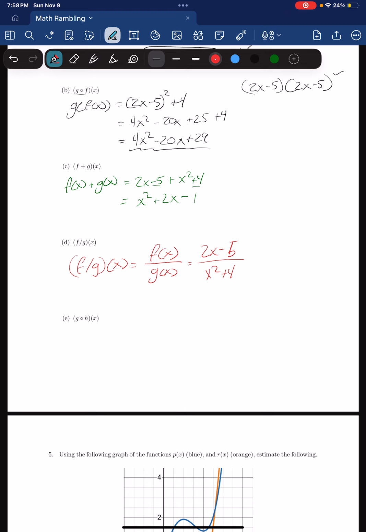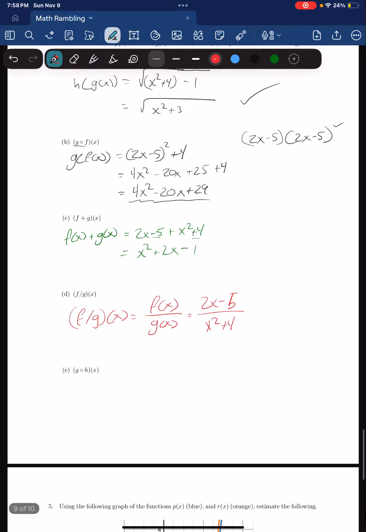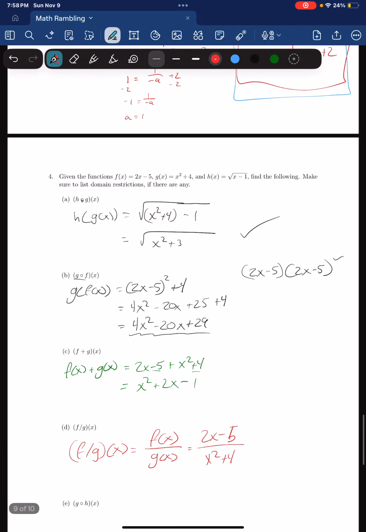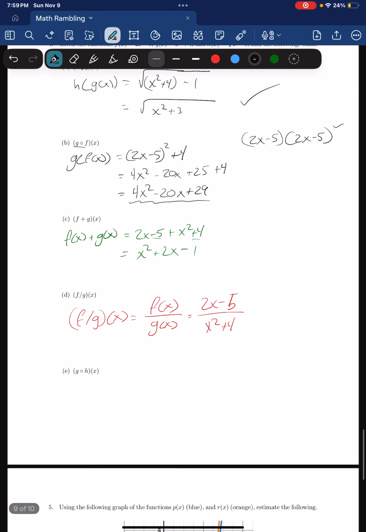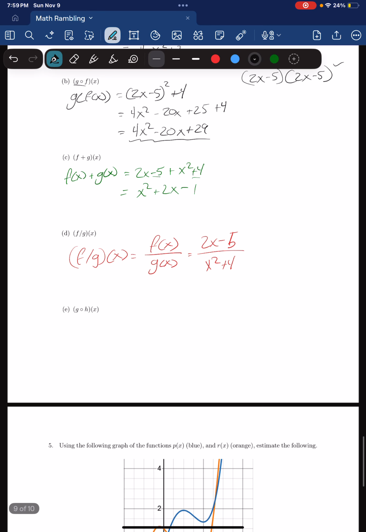So this is good. I said make sure to list the domain restrictions if there are any. That was really, really mean of me because none of these have domain restrictions. So it was really just to stress you out, really. That's why I did it.